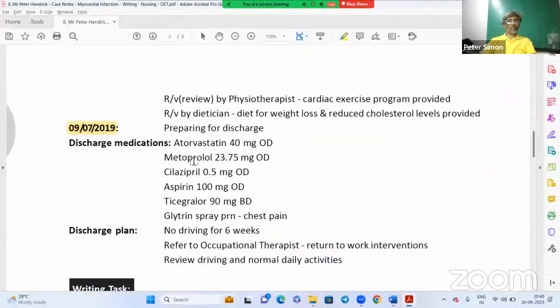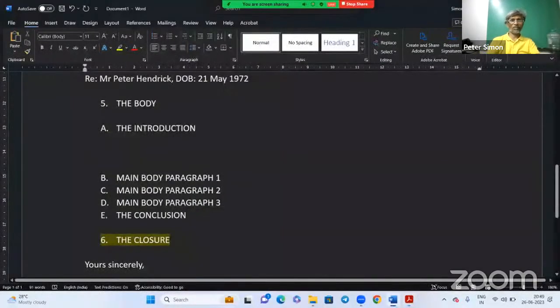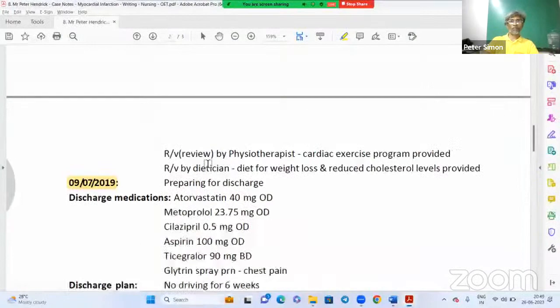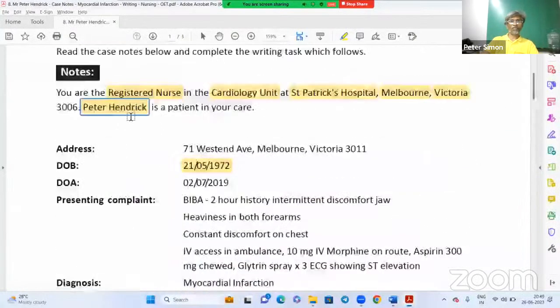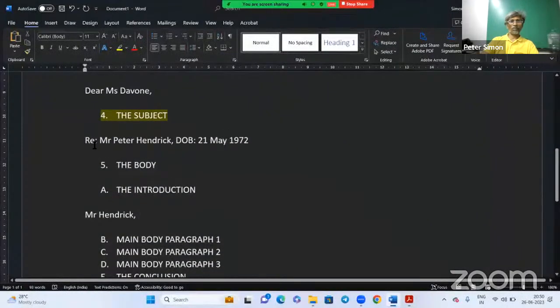So Mr. Peter Hendrick. So you can just say second name, Mr. Hendrick. So check the spelling carefully. H-E-N-D-R-I-C-K, Hendrick. Second name is enough, because we have already introduced regarding Mr. Peter here. So we are going into the body now.